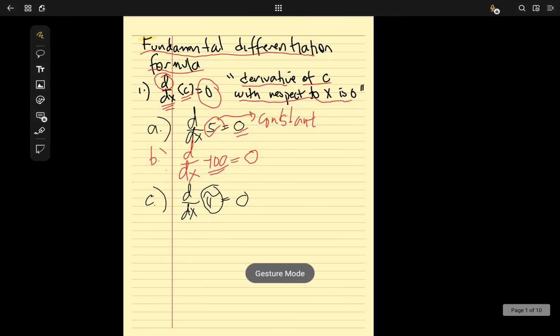Simplify: 4 times 7 is 28, times (7x plus 1) raised to 4 minus 1, which is 3. Finally, 2 times 28 gives you 56 times (7x plus 1) raised to 3.